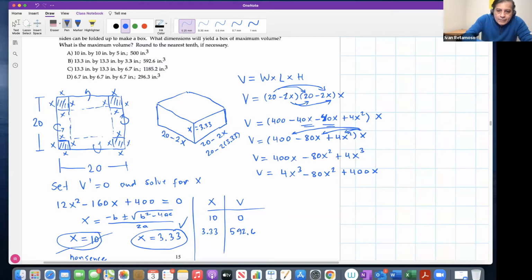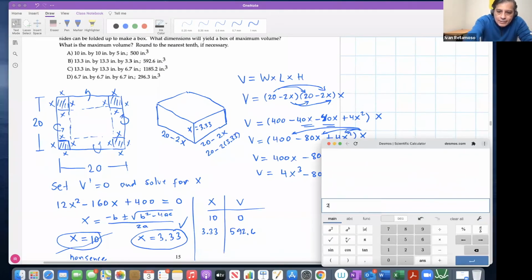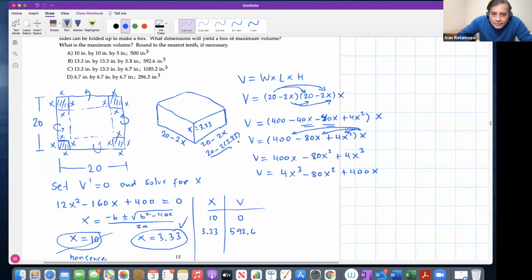Let's calculate this in the calculator: 20 minus 2 times 3.33. What is that? It means that this one, 13.34, should be the length. 13.34, this guy, and this the same, 13.34.